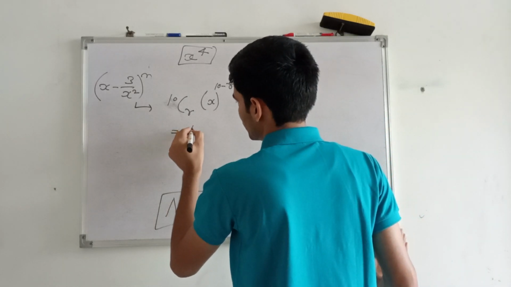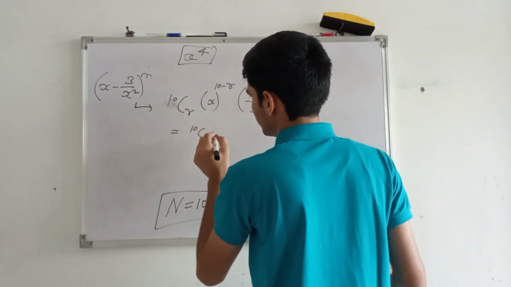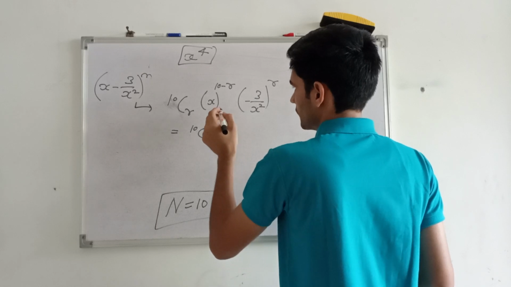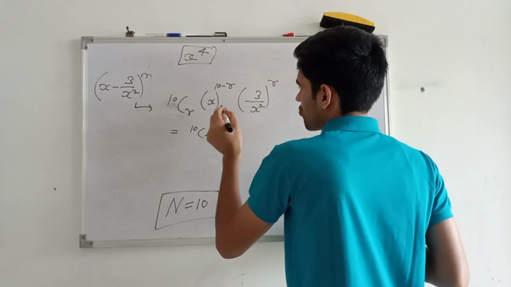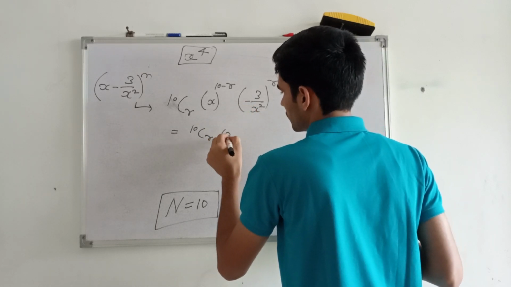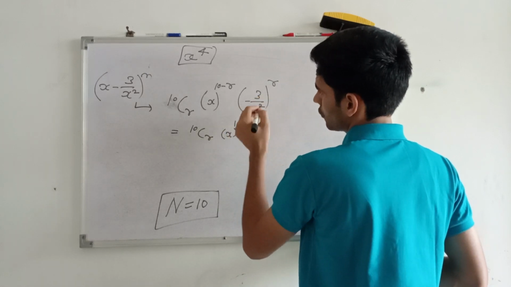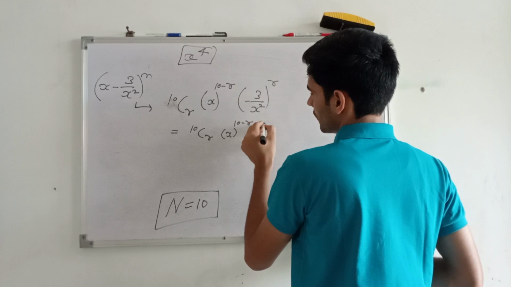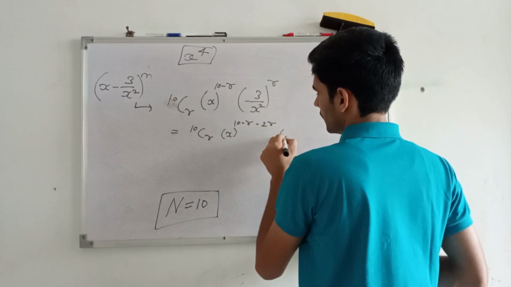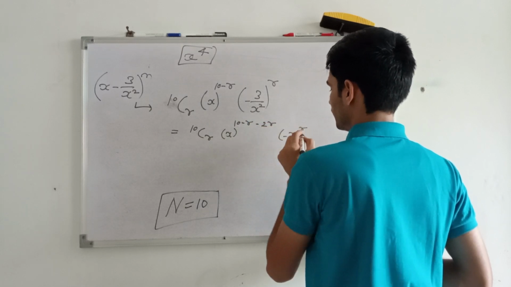Then we get 10 Cr. Now x to the power 10 minus r, and this will become x to the power 2r. When it goes up, it will become minus 2r, and minus 3 to the power r.